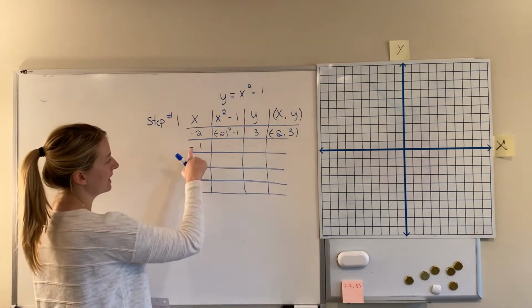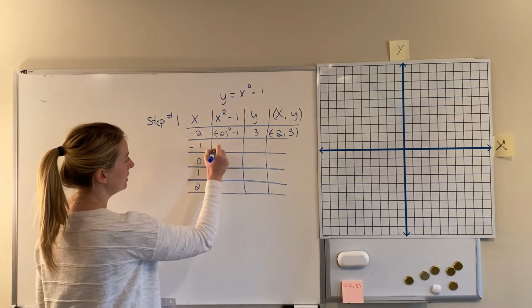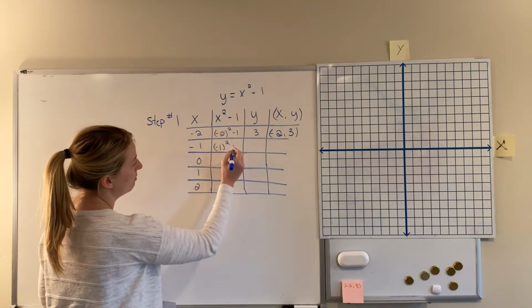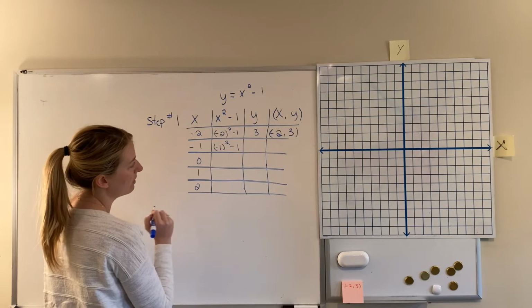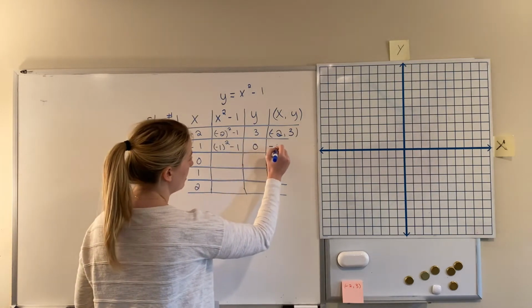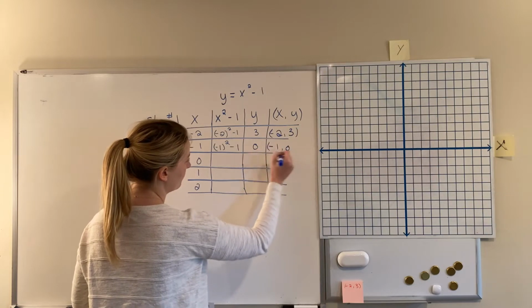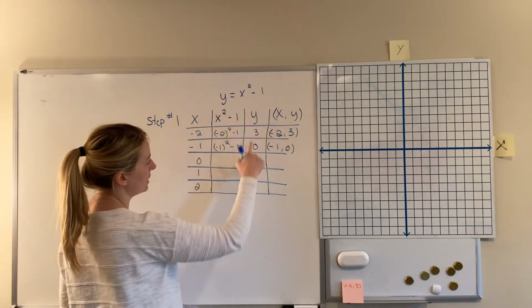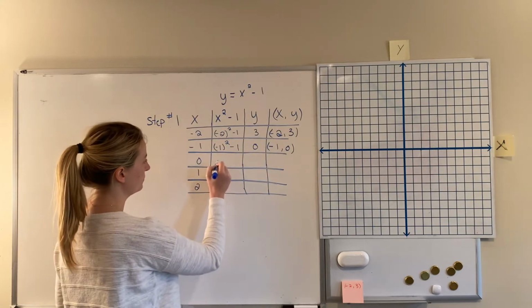Moving down, plug in -1 for x. We get -1 squared, which is +1, minus 1. 1 minus 1 is 0. We get the ordered pair, -1, 0. So when x is -1, plug back into our original equation, y equals 0.